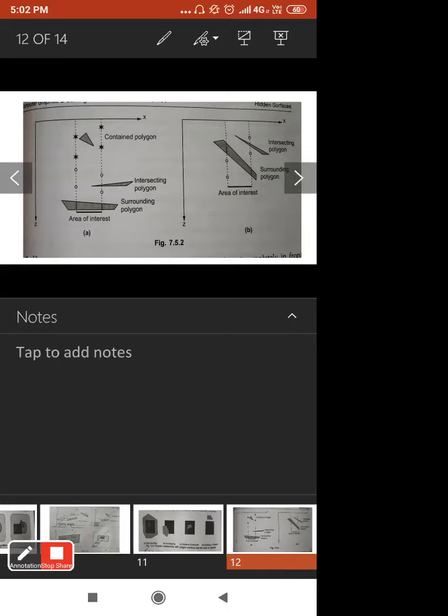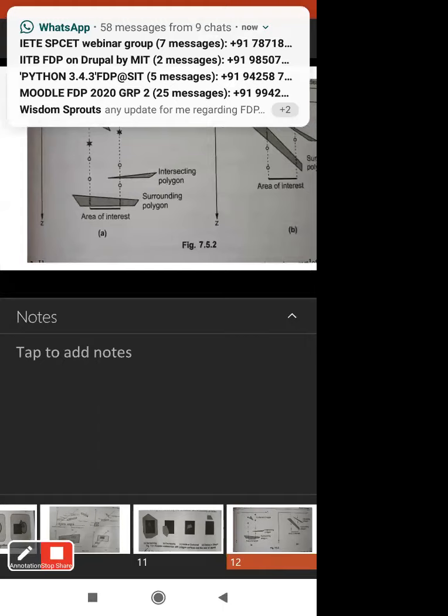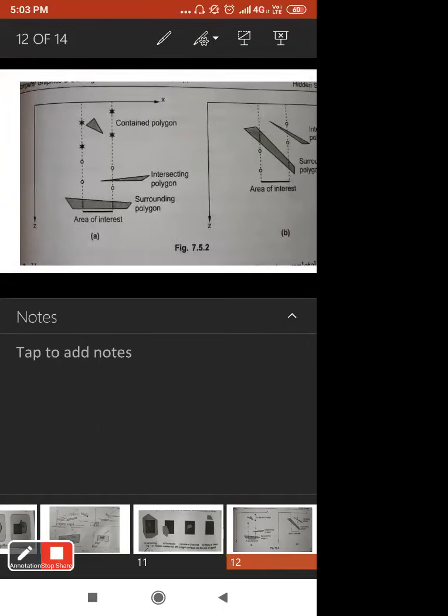Here they have given you two diagrams, A and B, with the area of interest, in which you have all the polygons we have seen in the previous cases. The surrounding polygon is there, the intersecting polygon is there, and the content polygon is there.